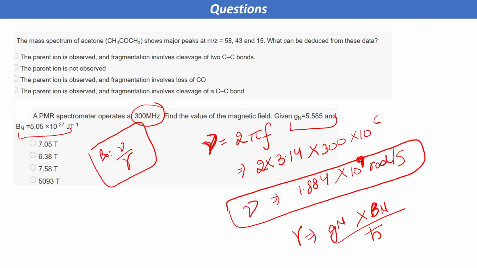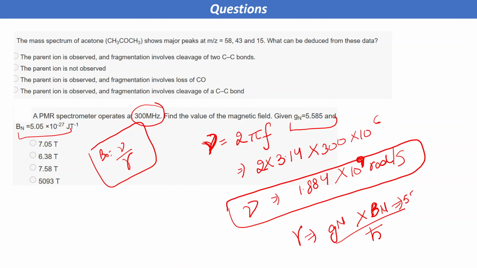So the gyromagnetic ratio is equal to Gn into Bn divided by h cut, and h cut is h by 2 pi, where the h value is 6.626 into 10 to the minus 34. So just substitute the values.